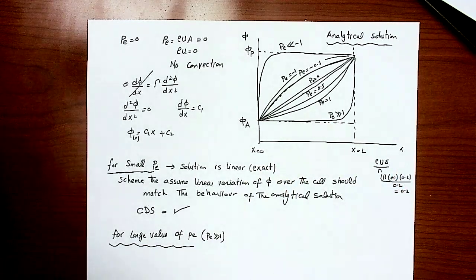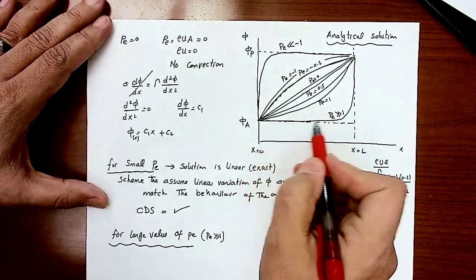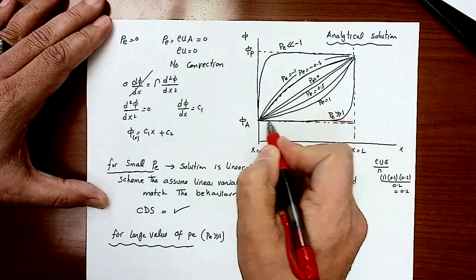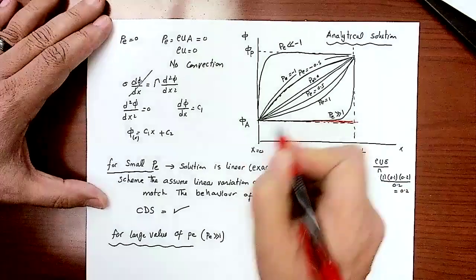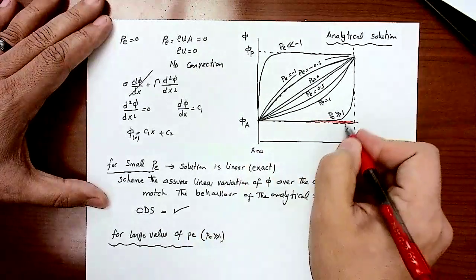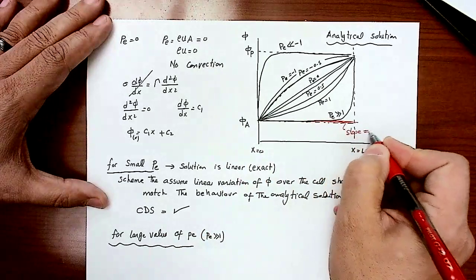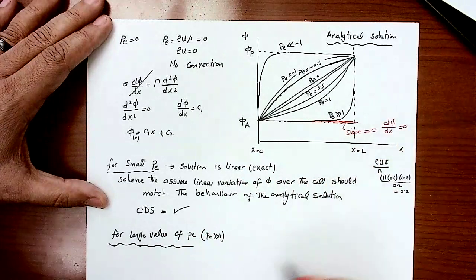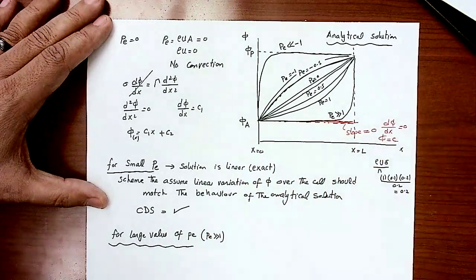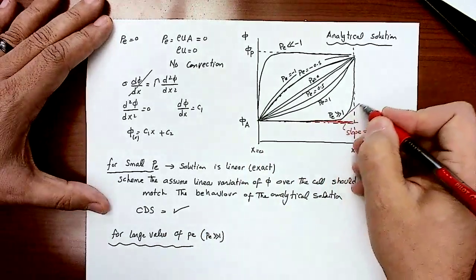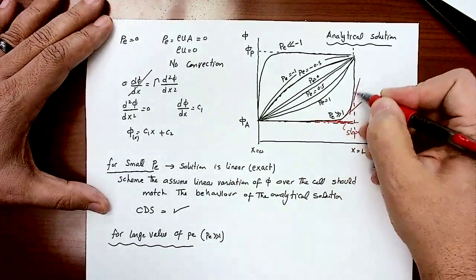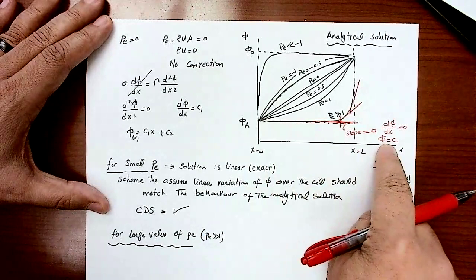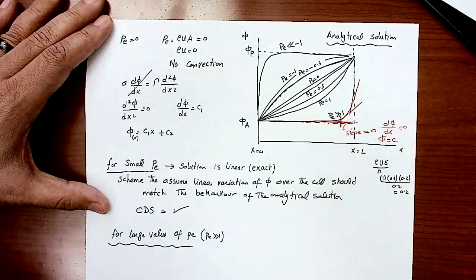Look at this graph here. This is the exact solution of phi, right? What is the slope of that line? I'm drawing a tangent to the analytical solution. It's almost horizontal, right? So the slope equals 0, so d phi by dx is equal to 0, which means that phi is constant. Then you will start changing the slope here and here. But up to this level, your slope is equal to 0, your phi is constant, and this is what we assumed in the Upwind scheme.